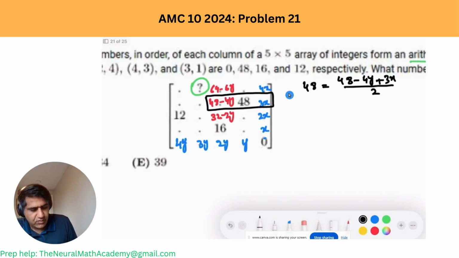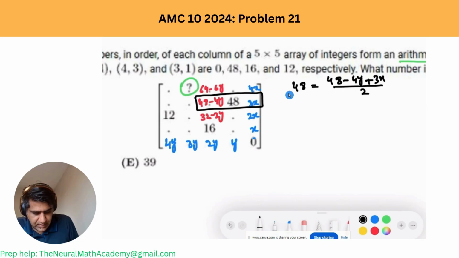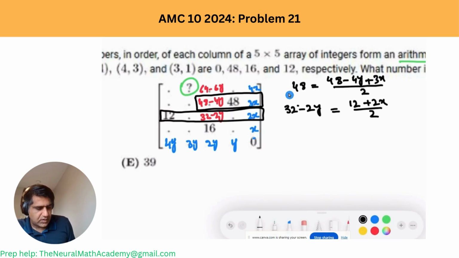Similarly, I can form another equation based on this, that I can write as 32 minus 2y equal to 12 plus 2x over 2.